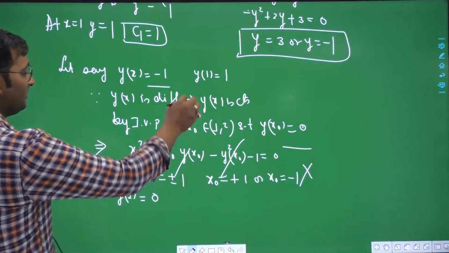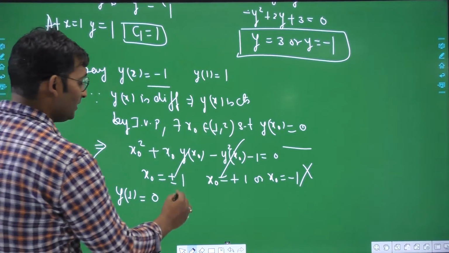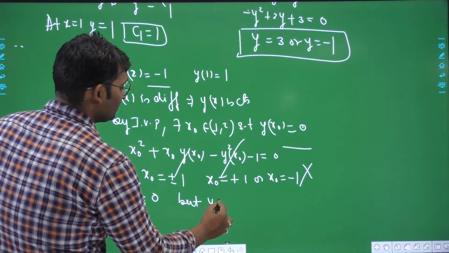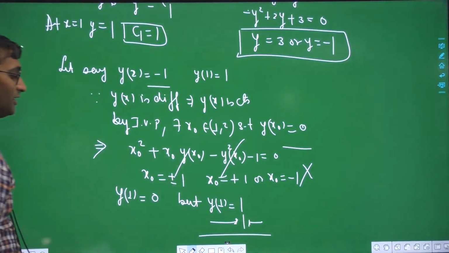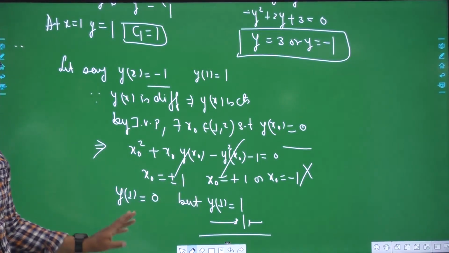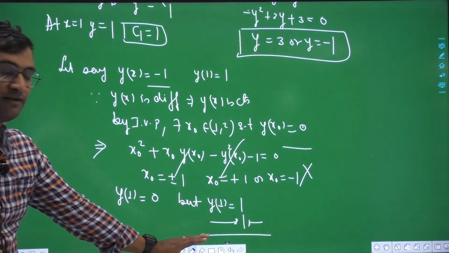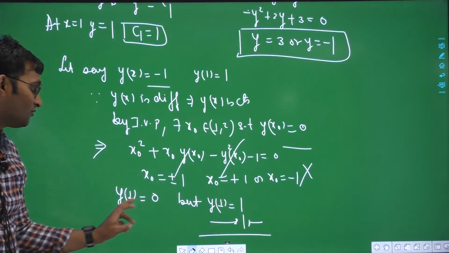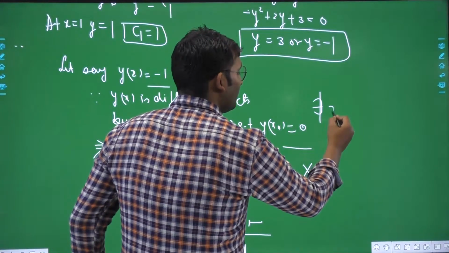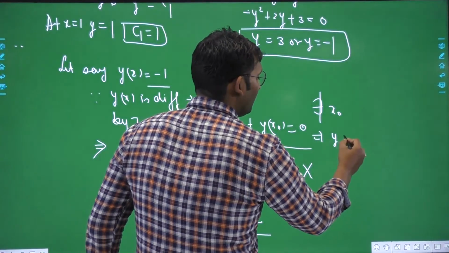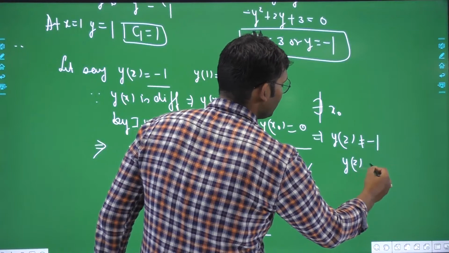That is, we are saying that at the value x naught, y is 0, but y(1) has been given as equal to 1. So you arrive at a contradiction, because if that happened then your function cannot be defined, that is, at 1 you cannot have two images. So according to the given IVP, since y(1) is given to be equal to 1, y(1) cannot be equal to 0. Therefore there exists no such x naught. It implies y(2) cannot be equal to minus 1. So y(2) has to be equal to 3.